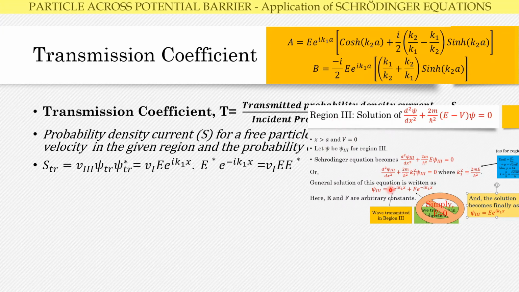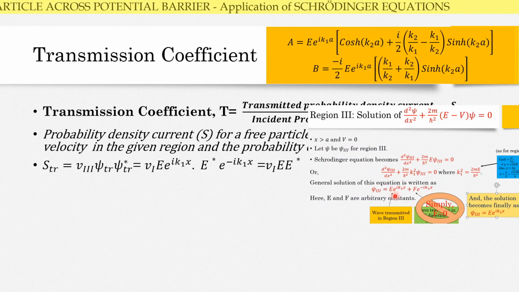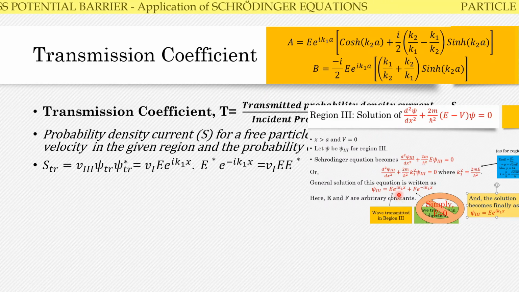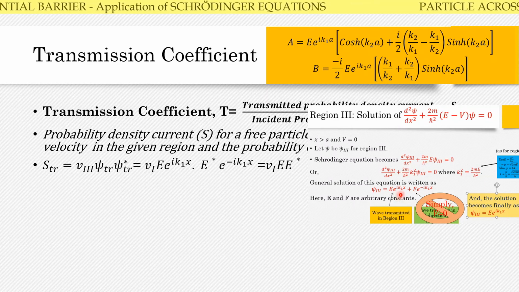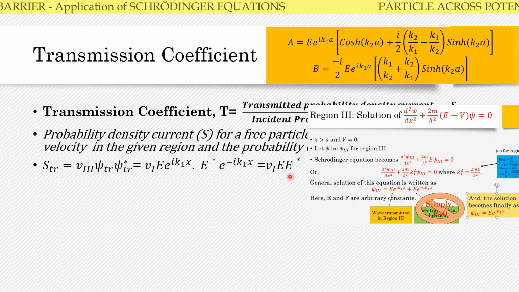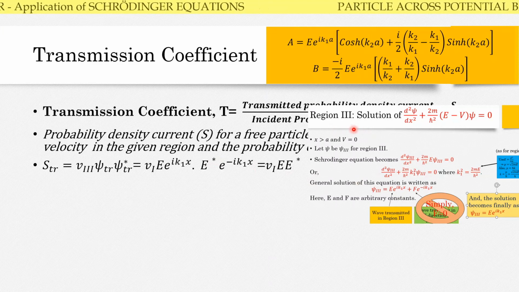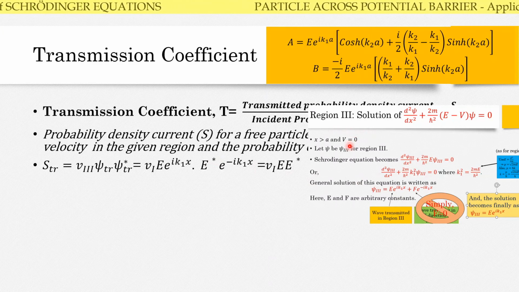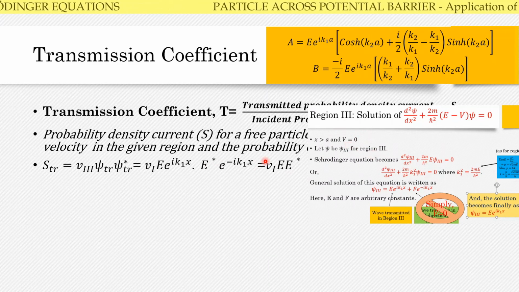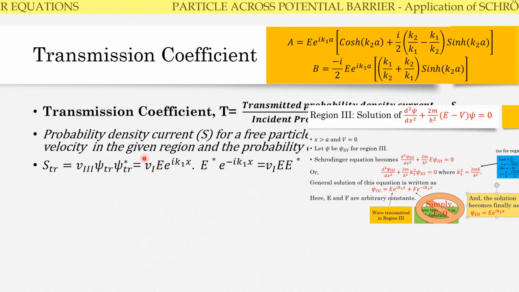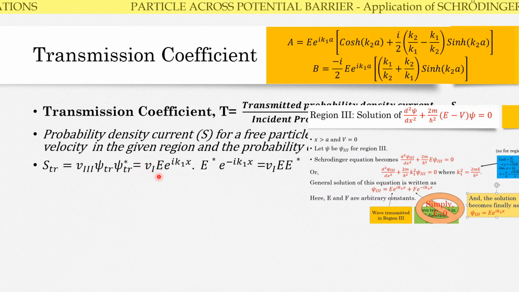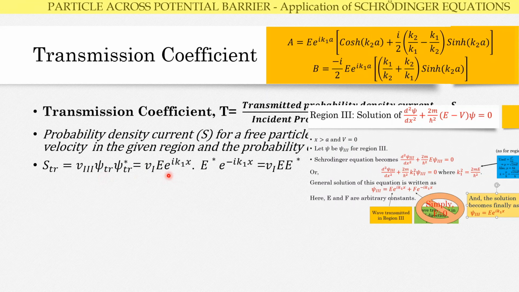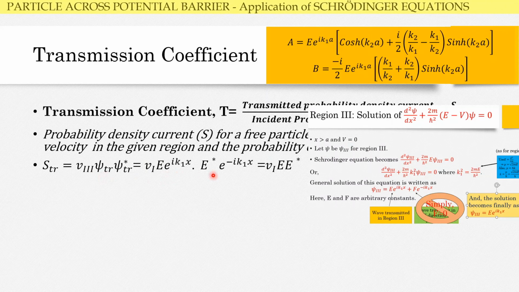For the region 3, you see the transmitted wave part is e into exponential iota k1x, and you also remember that in the region 3 the particle has the potential V0 again, similar to the region 1, and the velocity of the particle becomes again V1. So V3 is equal to V1, and psi transmitted becomes e into exponential iota k1x.